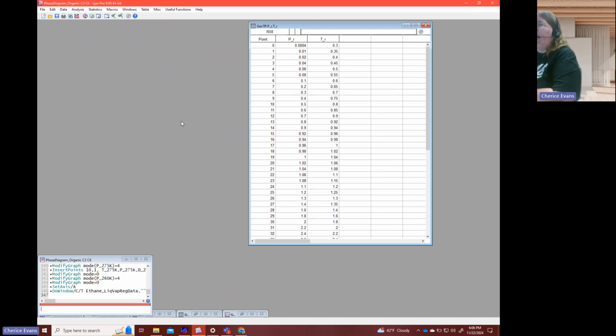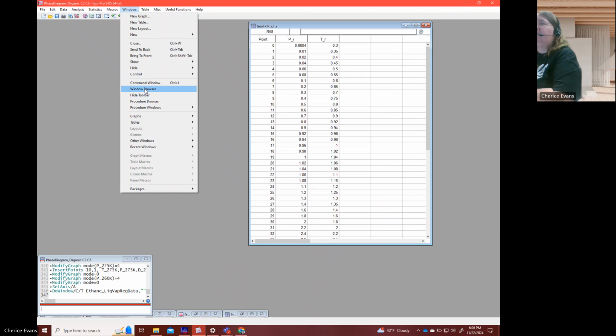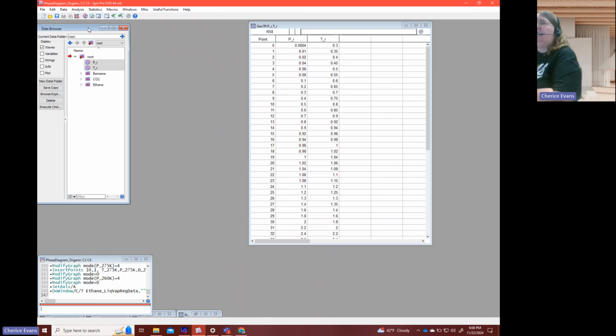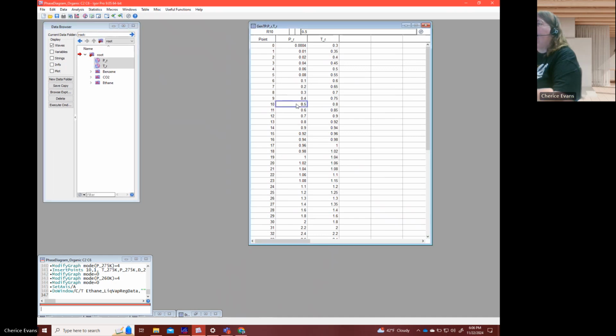So now, how do we go from this to our actual data points for a given gas?